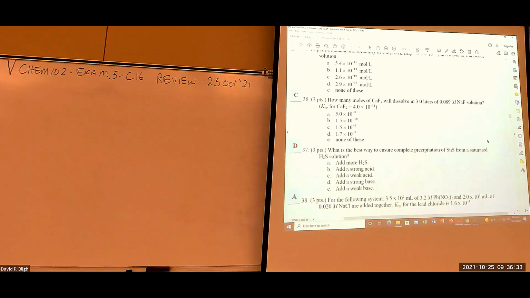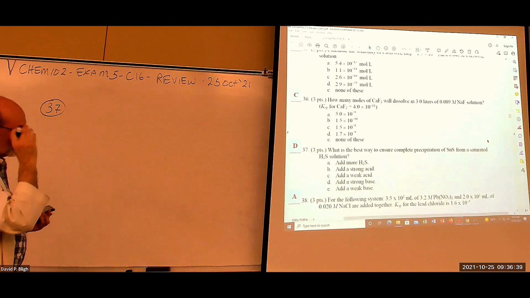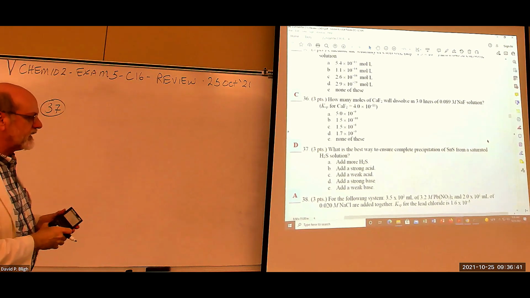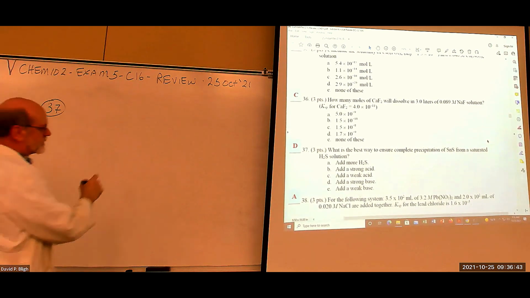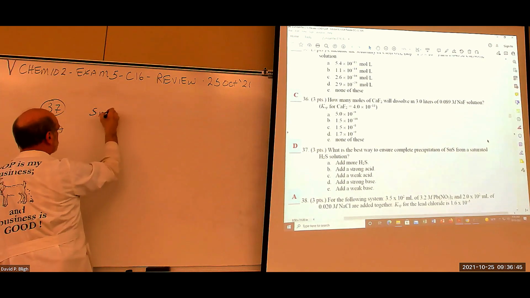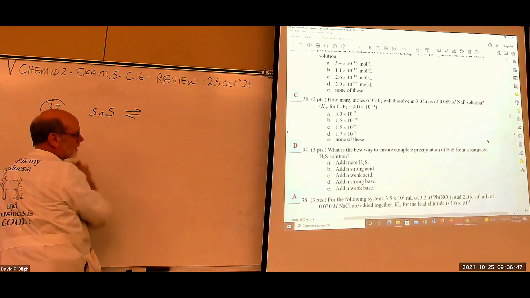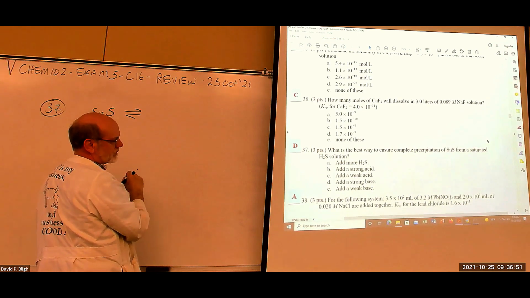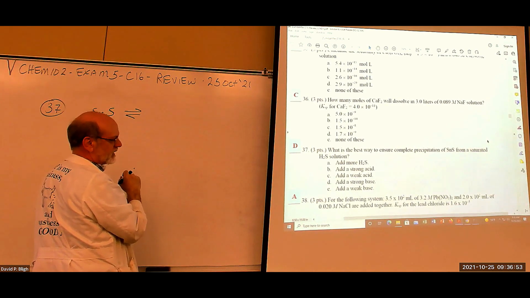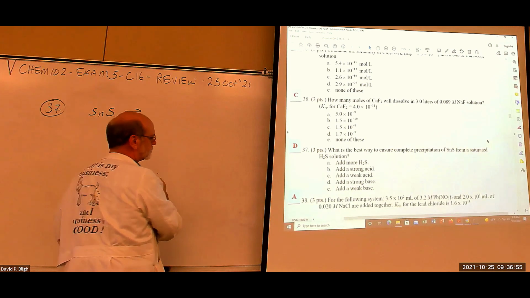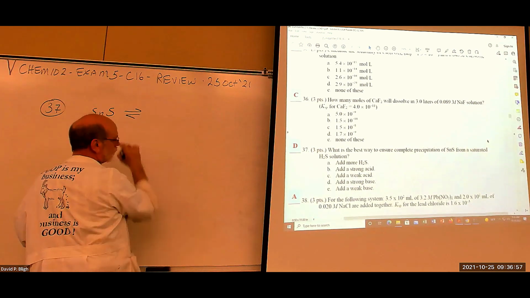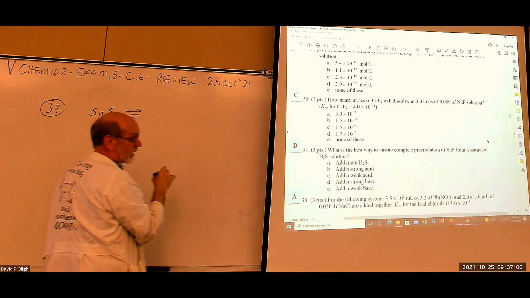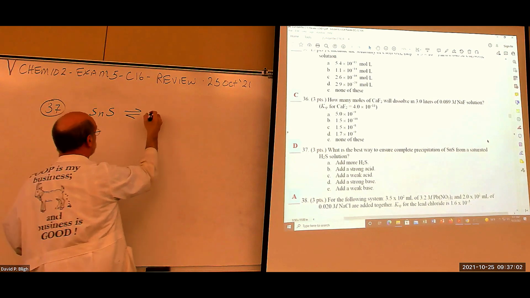Okay, 37. This is a logical question. What's the best way to ensure complete precipitation of this from a saturated H2S solution? Well, you're going to get some precipitation anyway, because you've got some sulfide ions in there.